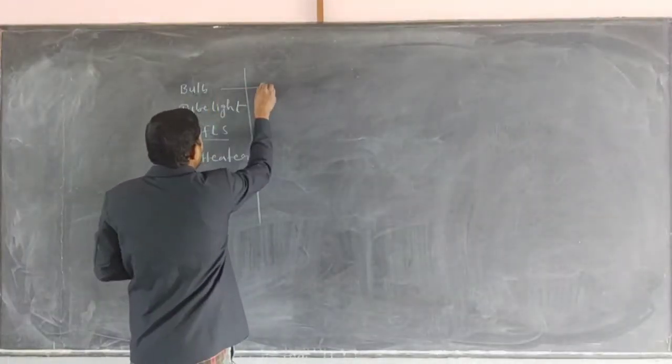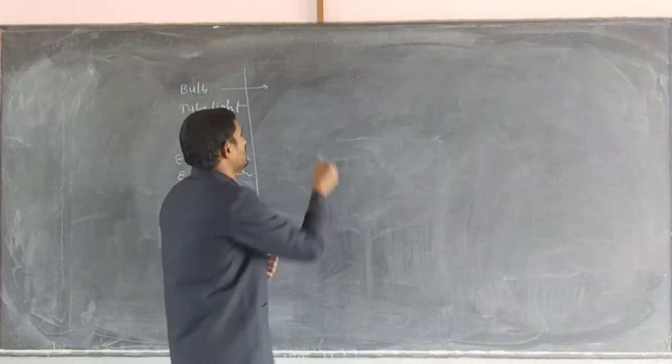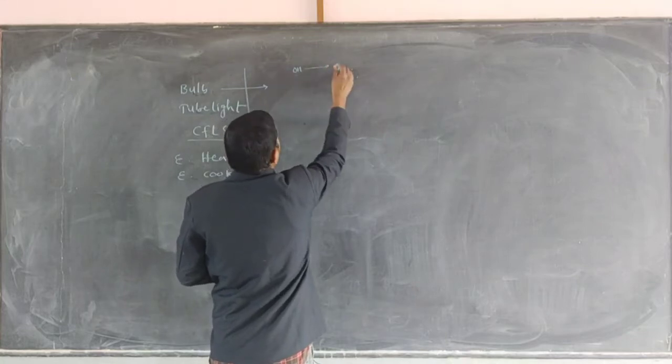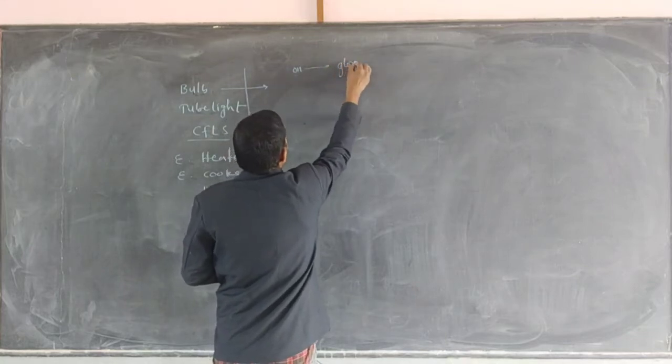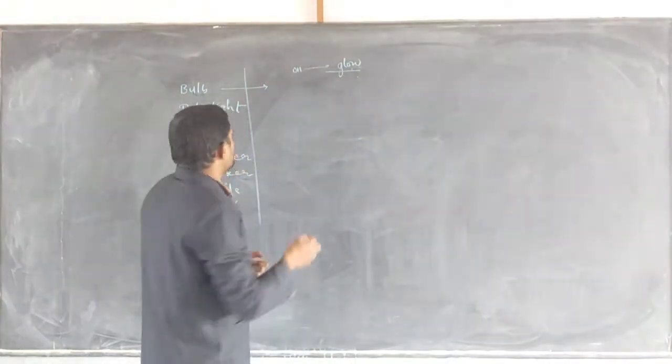Here we are supplying the electric current to the bulb. When we switch on, at that moment only the bulb will glow. How does it glow?